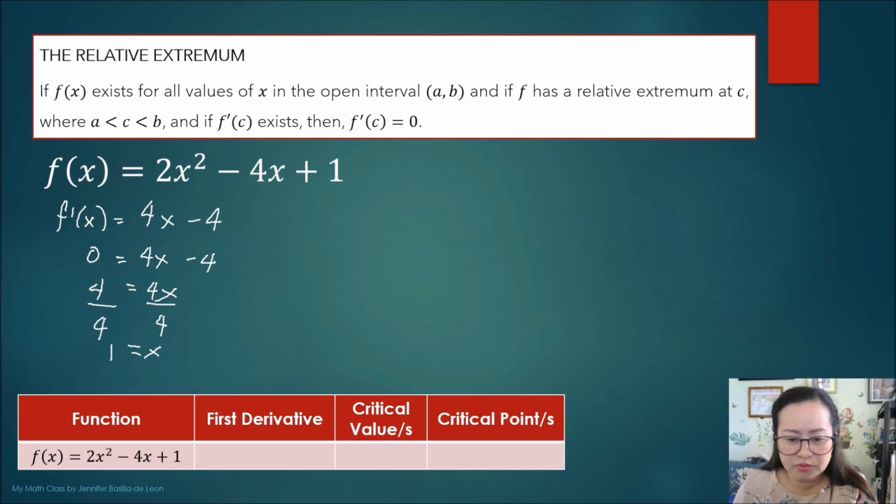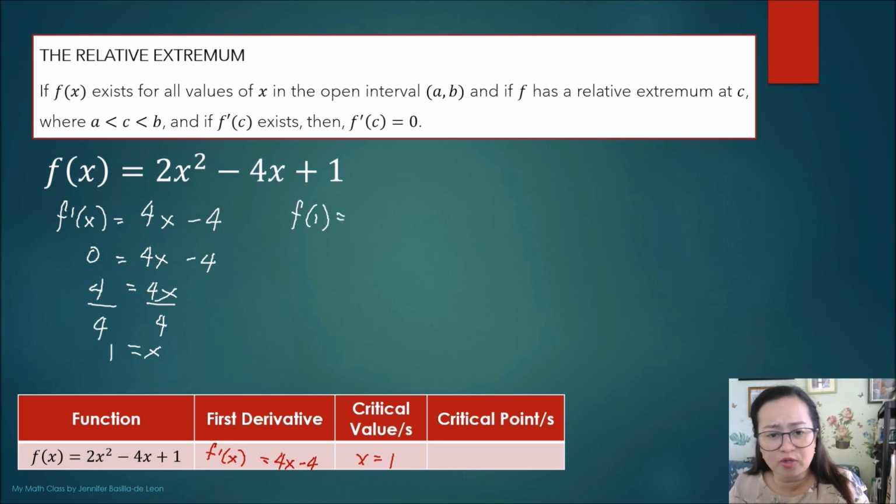Fill in the table. So the first derivative is f prime of x equals 4x minus 4. Its critical value is x equals 1. Now, to get the critical points, we have to evaluate f of x at x equals 1.